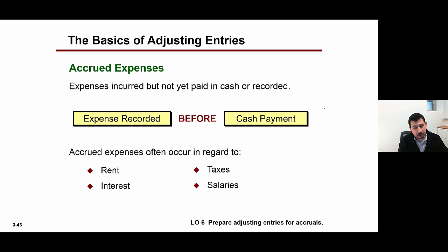And because it's impractical to make daily adjustments for the interest amount that they have already incurred, what do they do? They wait until the end of the accounting period, and they make an adjusting entry whereby they recognize the interest expense that they have incurred, and because they're not going to pay it now, they consider it an obligation. Now they owe this amount to the bank.